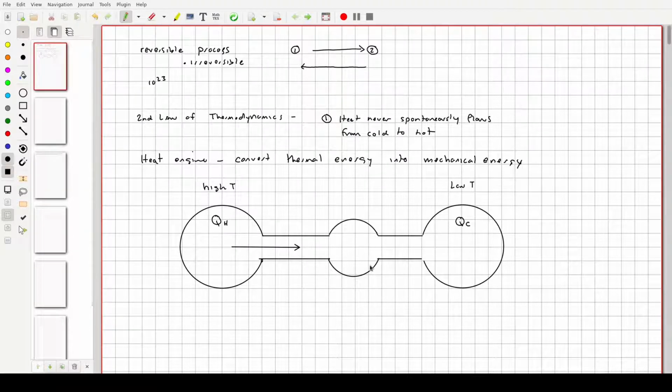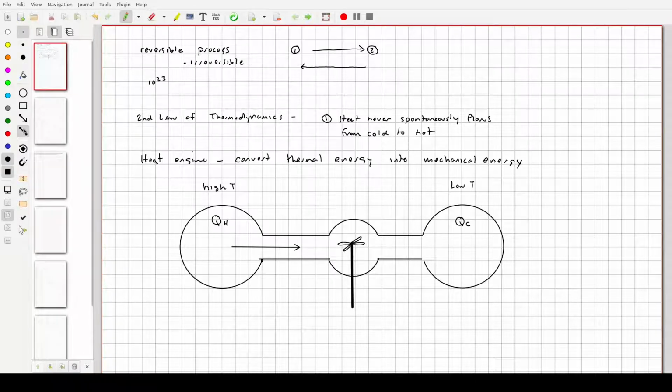Now, here, what I'm going to do is put a set of propeller blades. And these are attached to a shaft that exits our device.